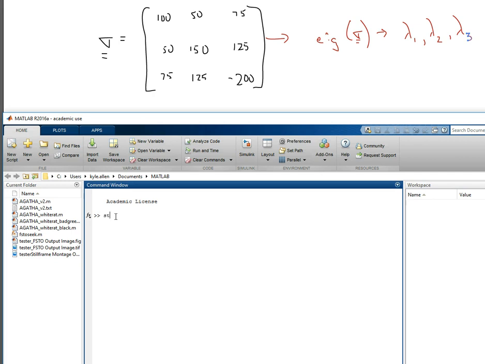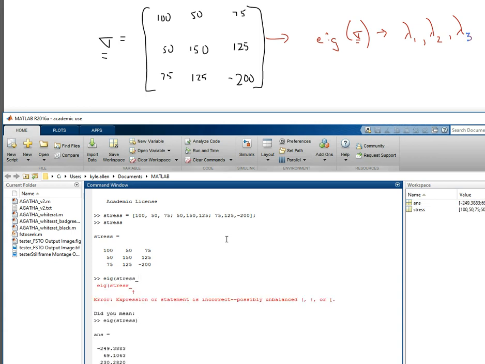So call stress equal to 100, 50, 75, and then 50, 150, 125, and then 75, 125, negative 200. And hopefully I actually wrote one that's symmetric, and it looks like it is. And hopefully I also wrote one that's physically possible. Let's go ahead and run the eigenvalues on that. We're going to find out in a second.